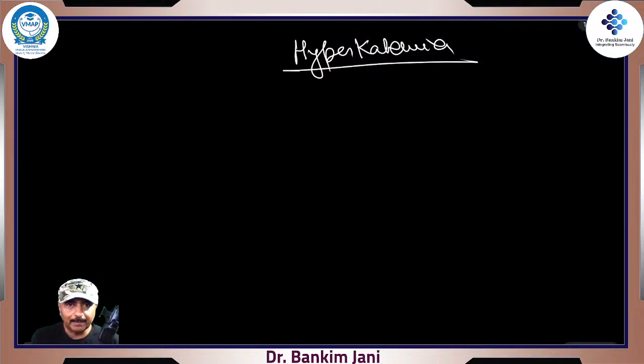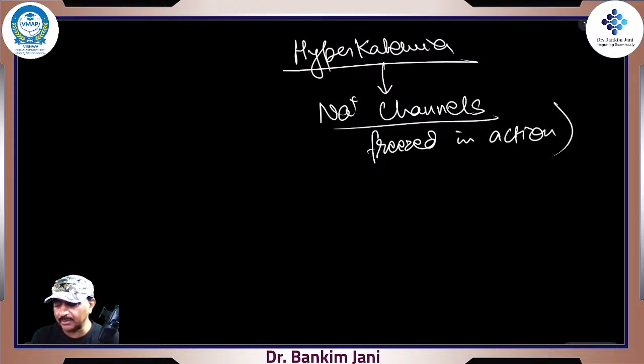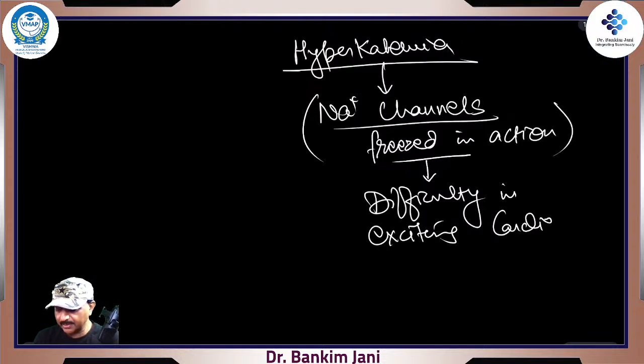So when there is hyperkalemia, those sodium channels are not working properly, right? In fact, we can say that sodium channels are frozen in action. They said we didn't get time, so they are frozen in action. They never work to their efficiency. So when this happens, there would be difficulty in exciting cardiac cells, right?